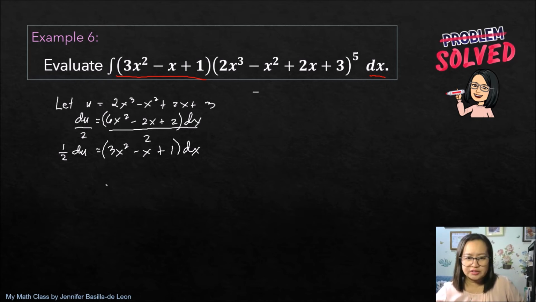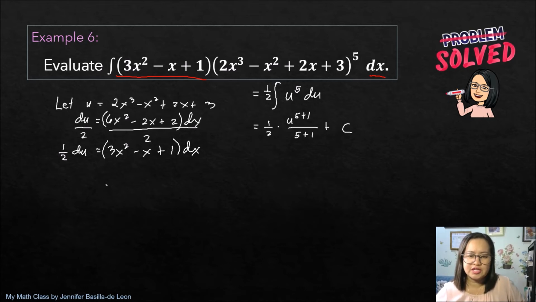Now rewrite the problem using u. So we will have 1/2 of the antiderivative of u raised to the 5th power du. Applying the basic integration formula, we will have u raised to 5 plus 1 over 5 plus 1 plus the arbitrary constant c.